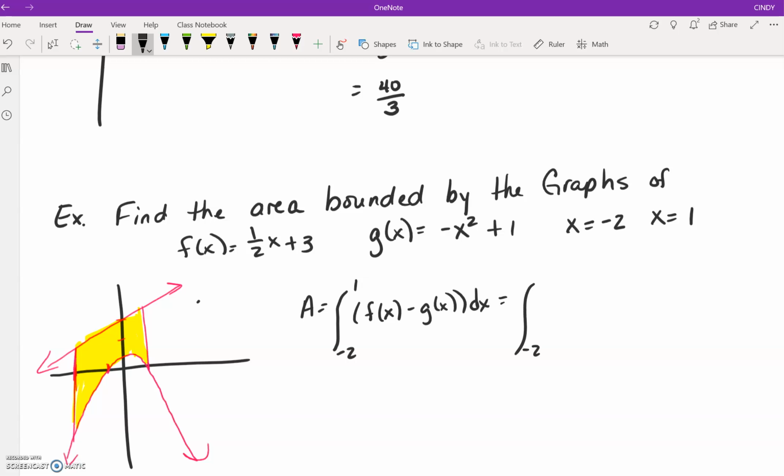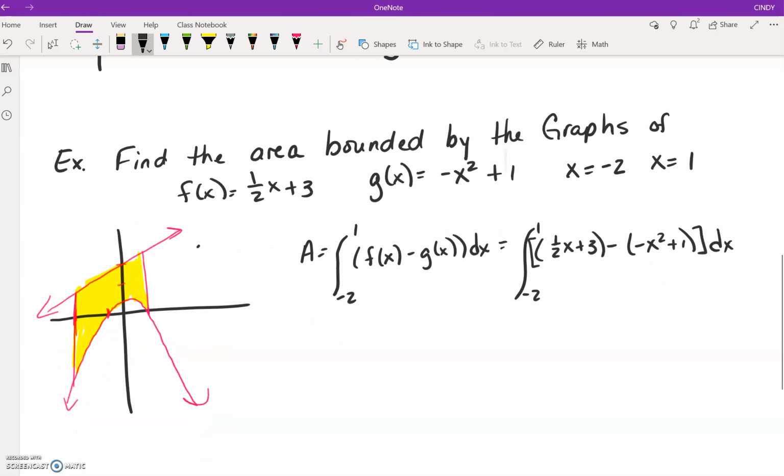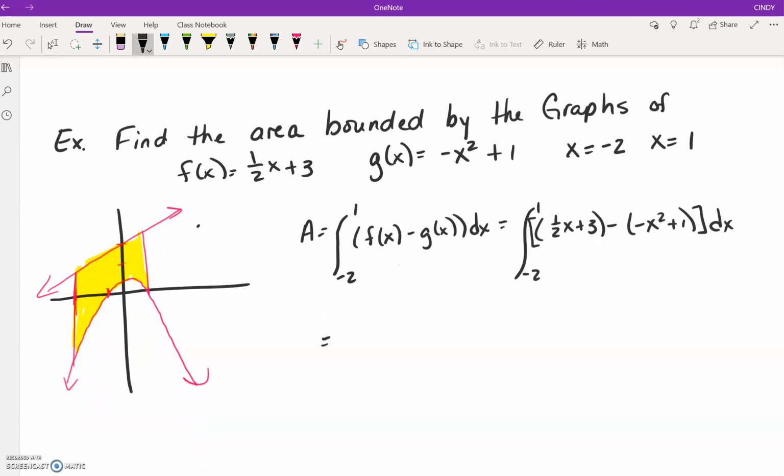So the integral between -2 and 1 of f of x, which is 1/2 x plus 3, minus g of x, I'm going to put a big bracket there, is -x squared plus 1 dx, and simplify before you integrate.